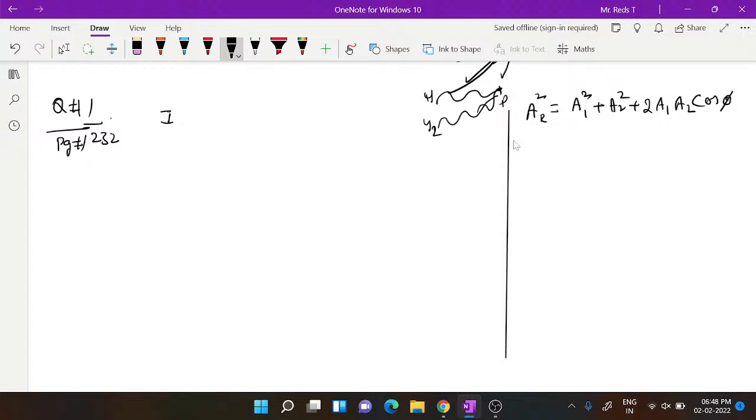The resultant wave is the vector sum of the two waves, y1 plus y2, equal to A, the amplitude of the resultant wave, into sine omega t plus the phase difference. Phi is the phase difference between the two waves, phi 1 minus phi 2 or phi 2 minus phi 1. So that is this.